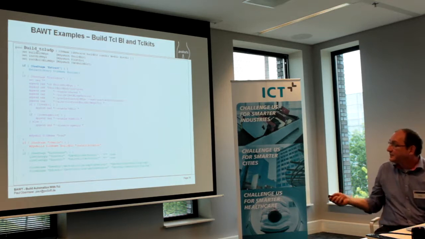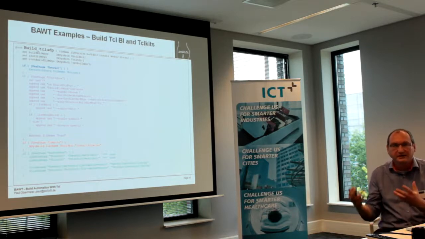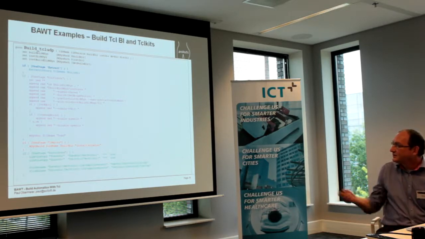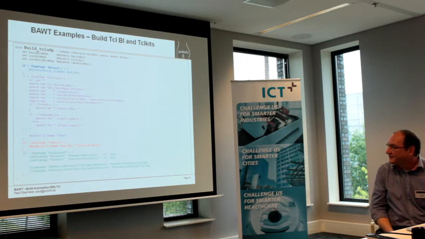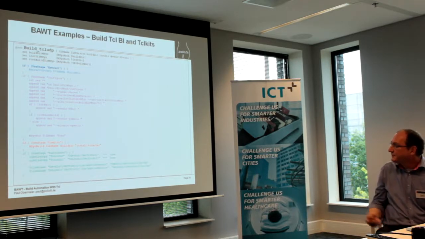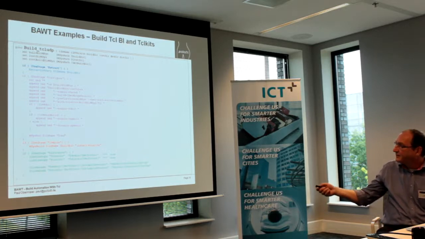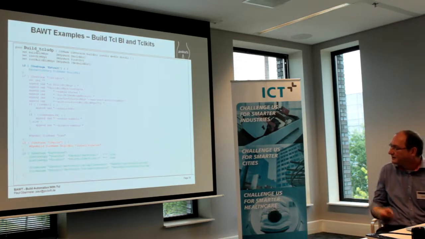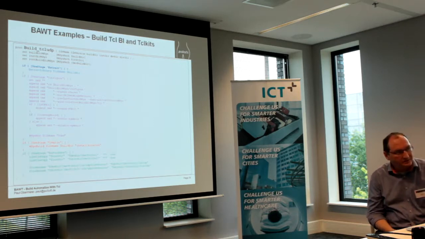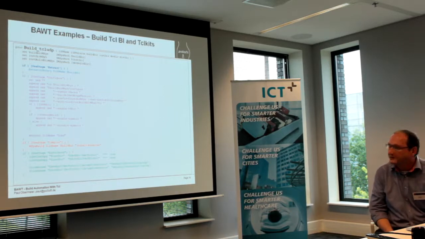Here is an example how the script looks like for building one library. It's currently very simple. You have to define a procedure which is called build underscore and the name of the library. It expects several parameters, and you have the BAWT command use stage. So it knows in the stage extract, you call the procedure extract library, which calls 7-zip and copies the file into the corresponding directory.